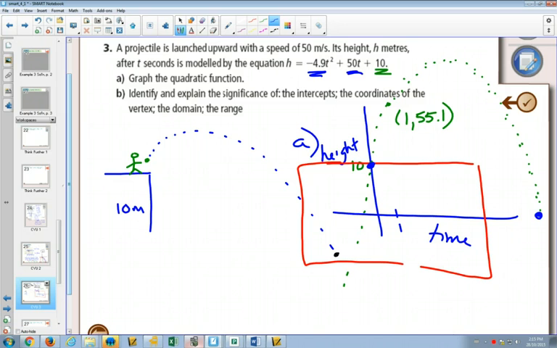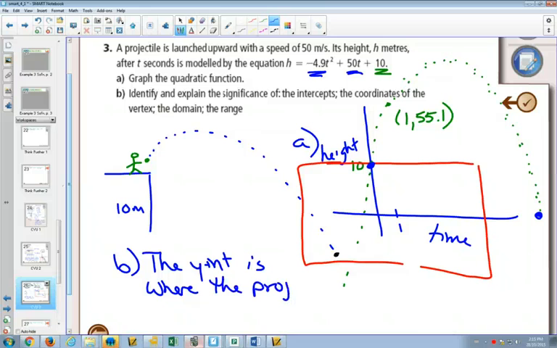So the question is saying, explain the significance of the intercepts. The y-intercept is when your time is equal to 0. That's where your projectile started.